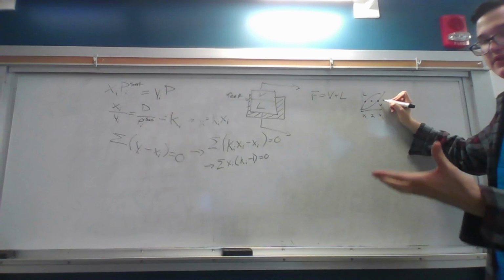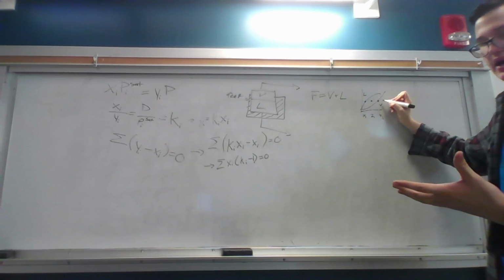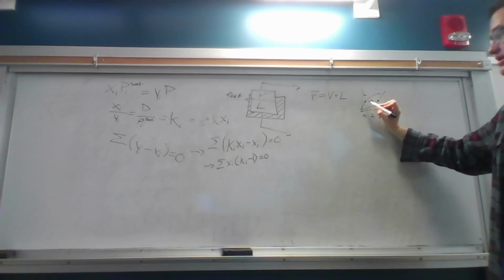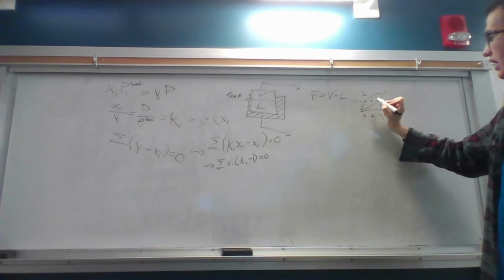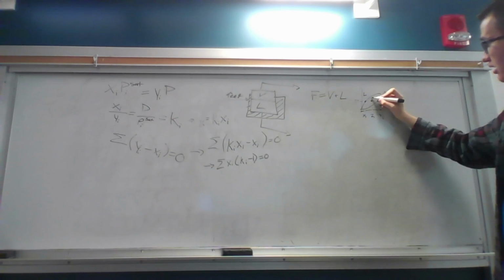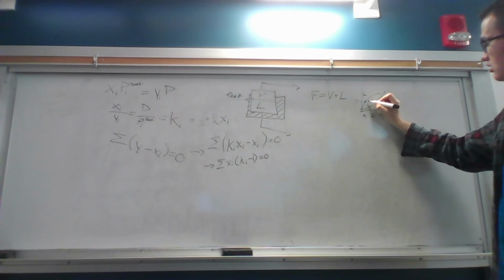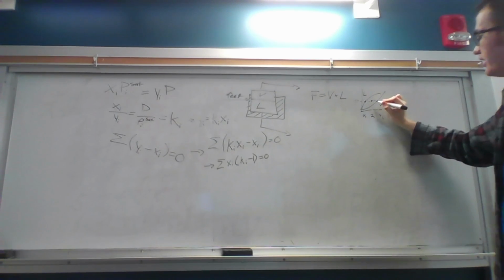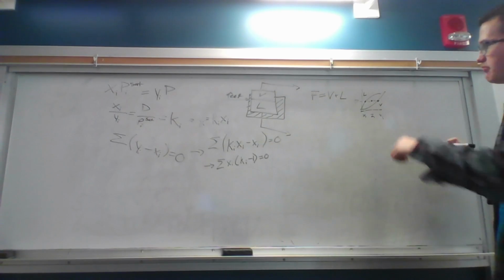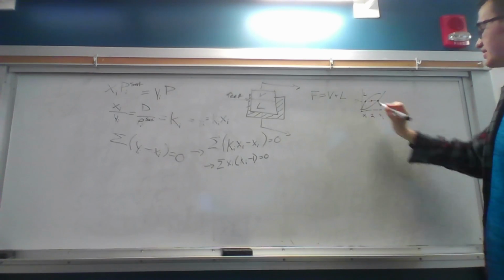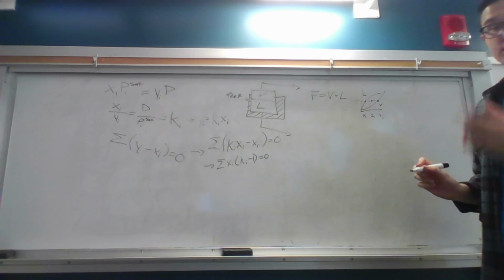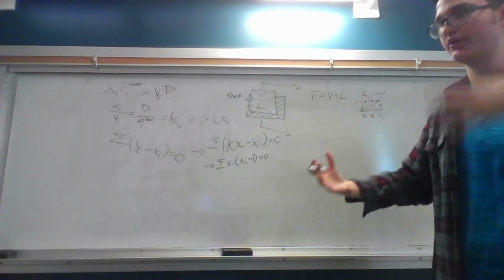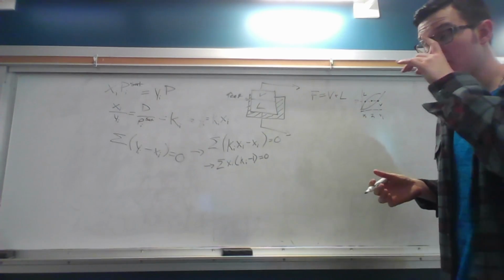All of this mole fraction is vapor. Over here, all of this mole fraction is liquid. And in here, this is somewhere in the middle. So that's what Z1 is. Z1 is that odd middle state where we don't have all vapor or all liquid. It's kind of a mishmash.